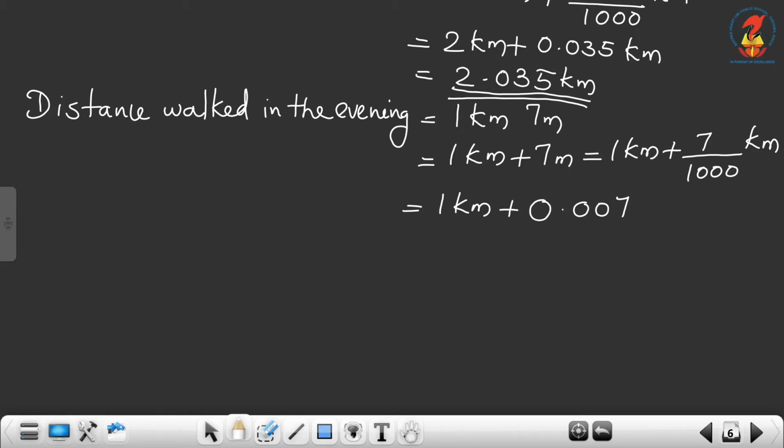So 7 by 1000 kilometer is 0.007 kilometer. Then 1 kilometer plus 0.007 kilometer is 1.007 kilometer. So the distance walked in the evening is 1.007 kilometer.